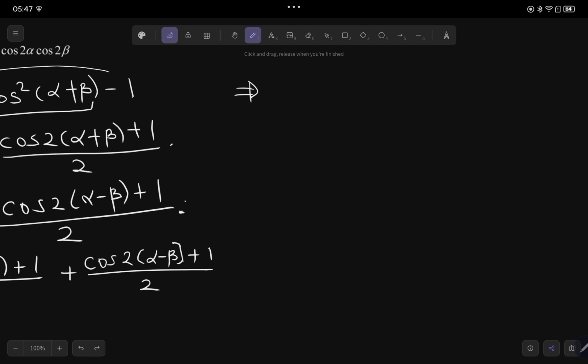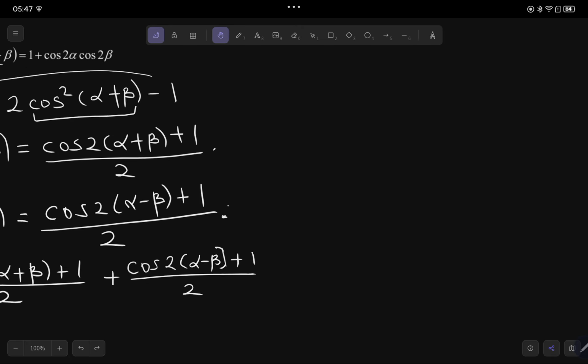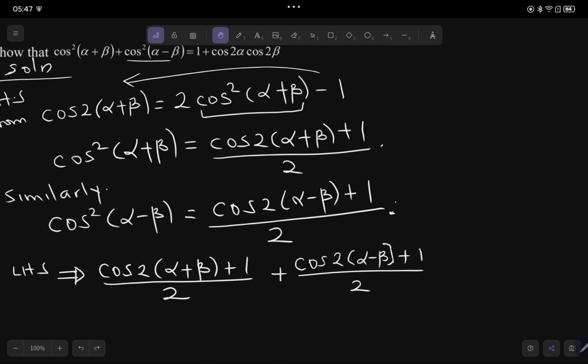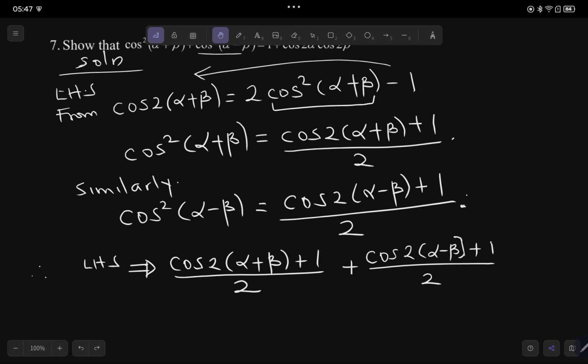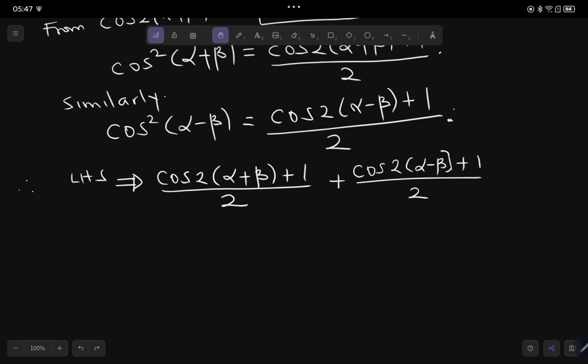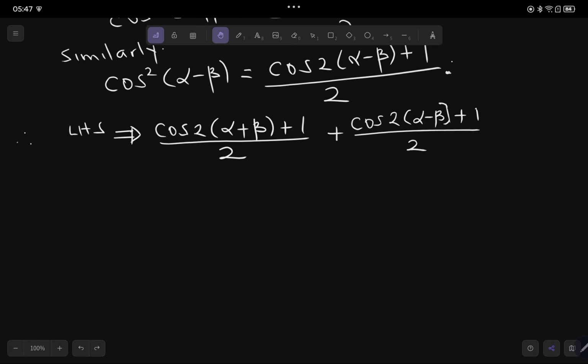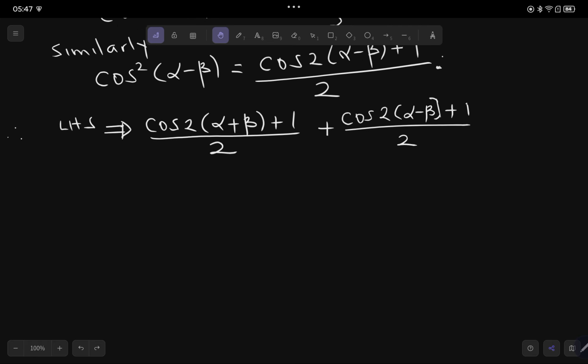Since it's our last question, we can just proceed downwards. There is no other question below here. Okay. So our LCM is 2.